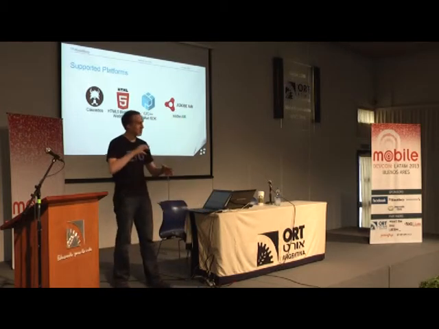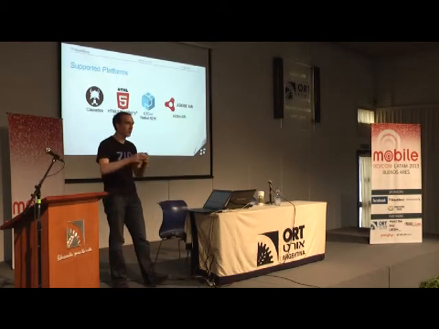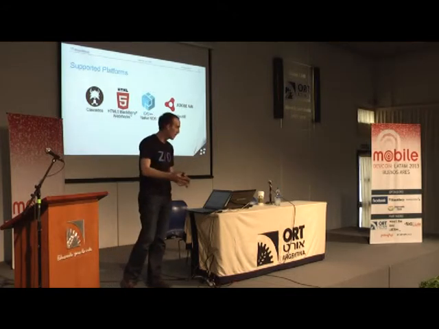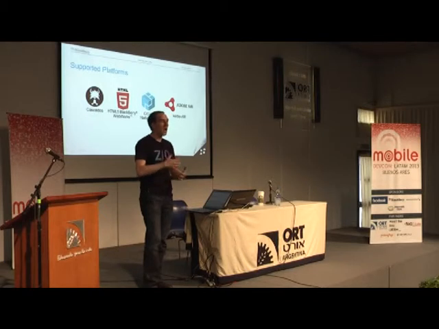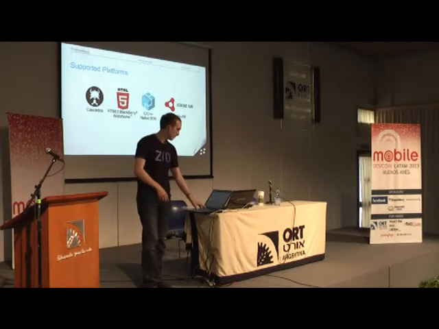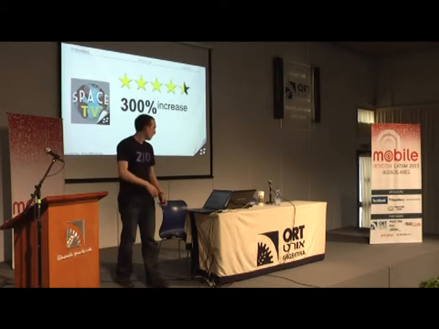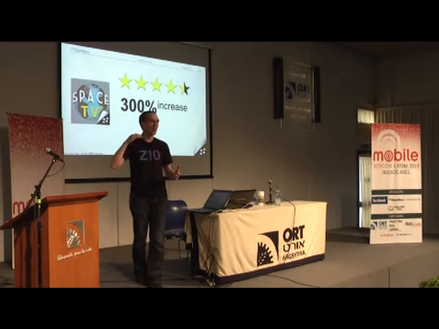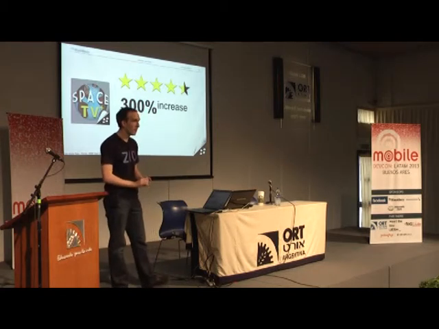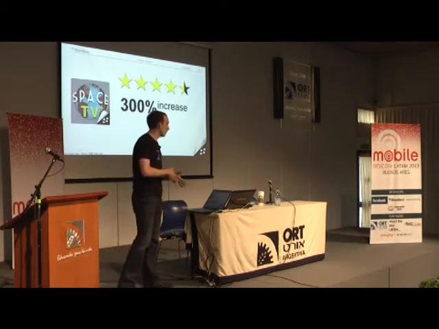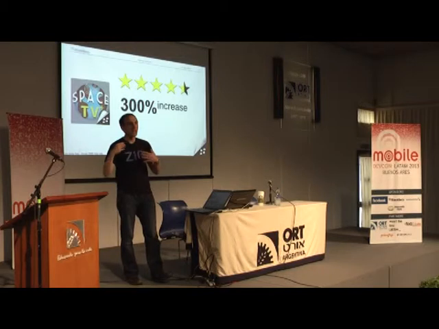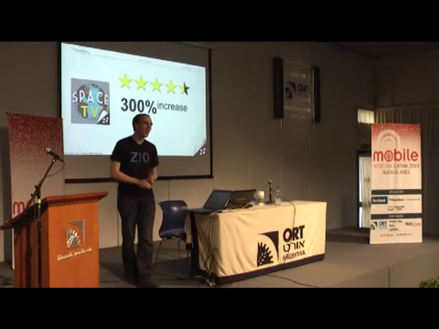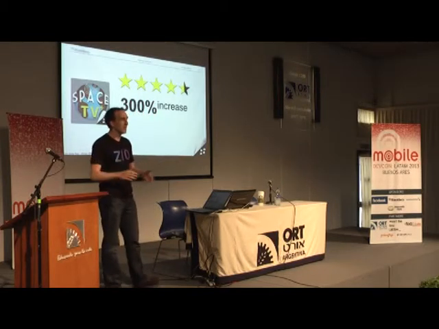Now, we've talked a lot about hypotheticals, just at a high level: this is what you can get with Built for BlackBerry, this is what it means to the end users. But how does that translate to real numbers? Looking at Space TV, which was developed by someone that had never developed for BlackBerry before, they created it as a way for any space geeks out there to get all the information they need about space.